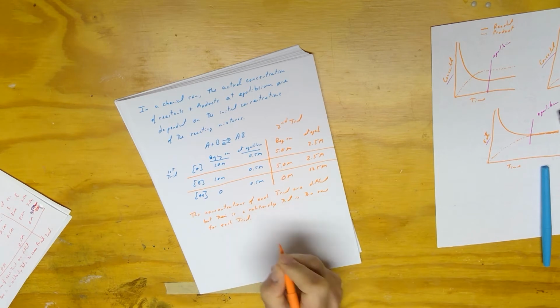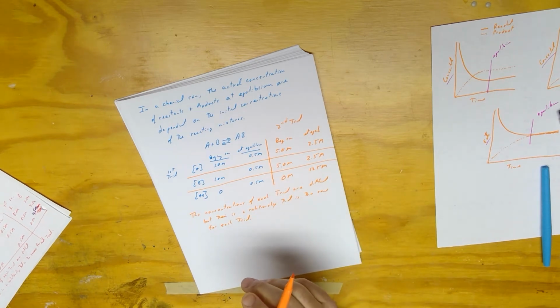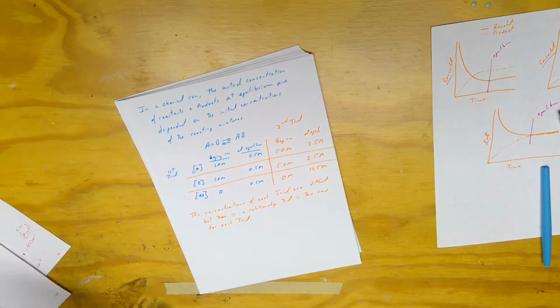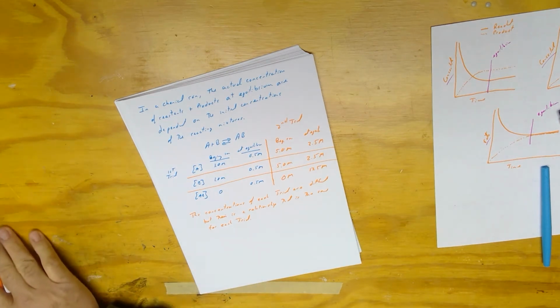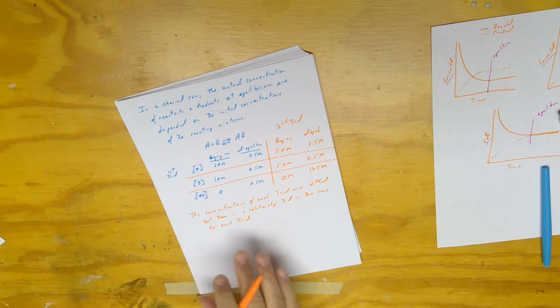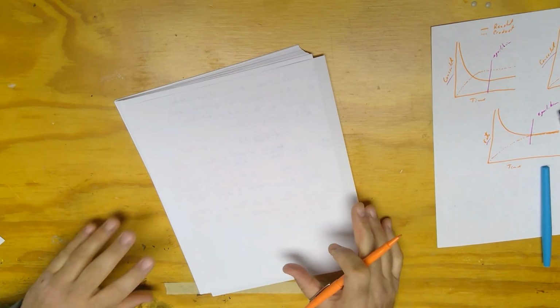And that's where we're headed. We're going to talk about this relationship here. So this is called the law of mass action, or the equilibrium expression.